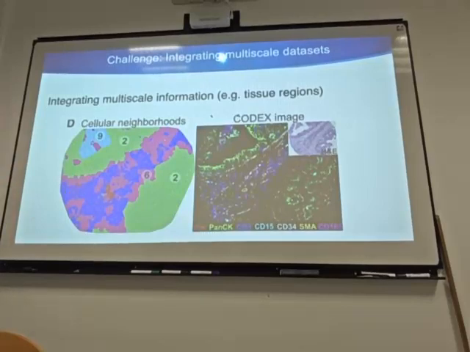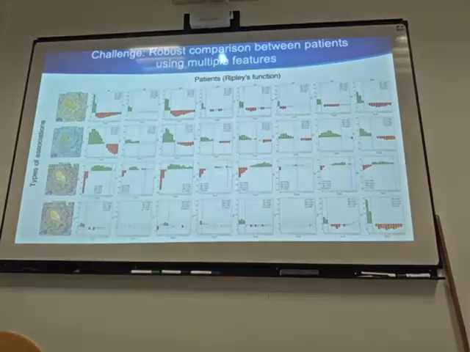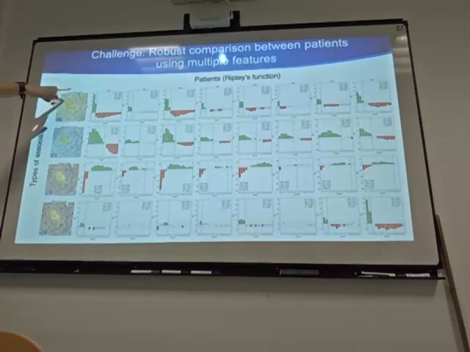And so this also needs the development of new methods to integrate this multi-scale information. And last but not least, you have multiplex imaging, so multicolor, and you have this multi-scale.